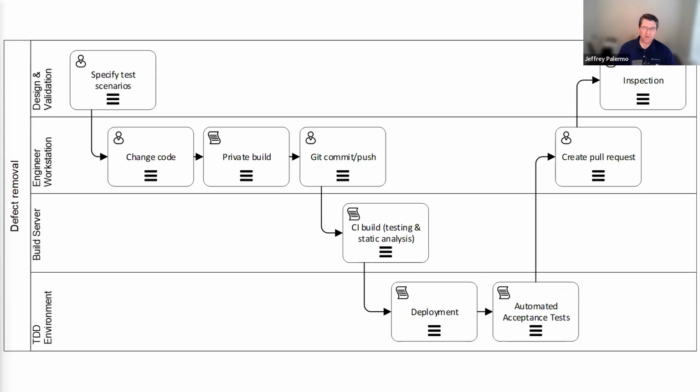So testing: if your team is doing test-driven development and continuous integration, then you are doing the testing that is shown in the research. And make sure you're doing all three levels and more of automated testing: unit tests, component level integration tests, and full system acceptance tests. And then static code analysis, we talked about that. And the third is formal inspections.